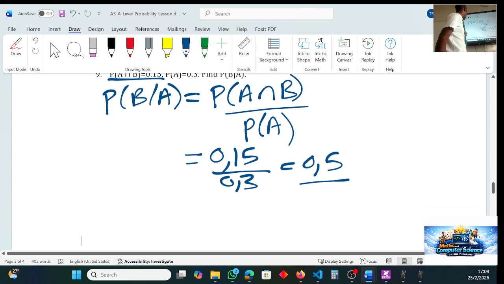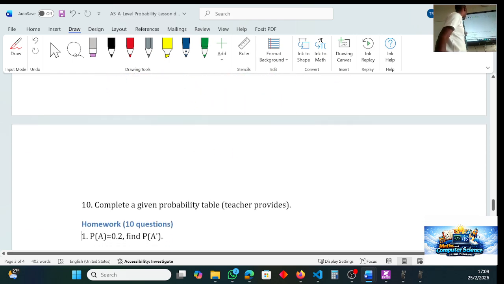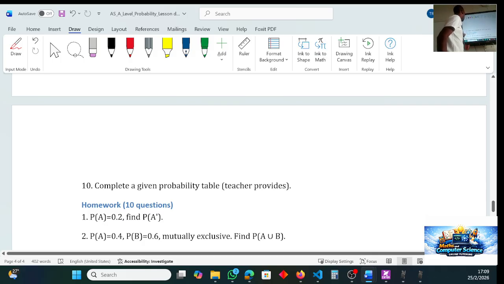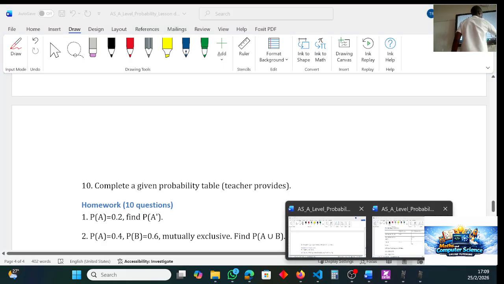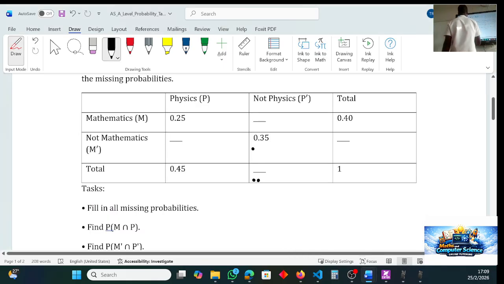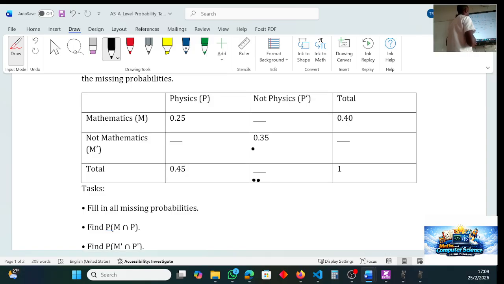Now I'm on the last problem. This last problem is asking us to complete a given probability table, and the teacher has to provide the table. The table that I have for you is a contingency table.